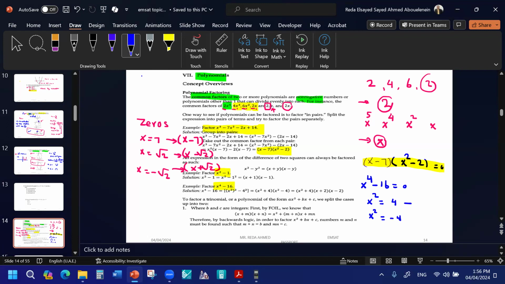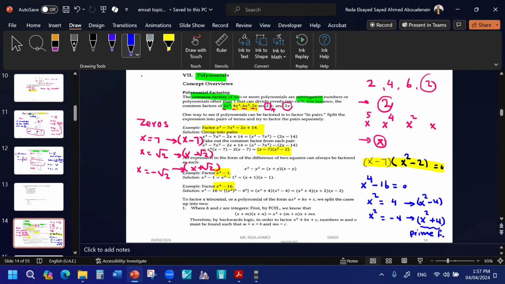So x squared minus 4 is the first factor, and here x squared plus 4. This factor cannot be factored. It's a prime factor.